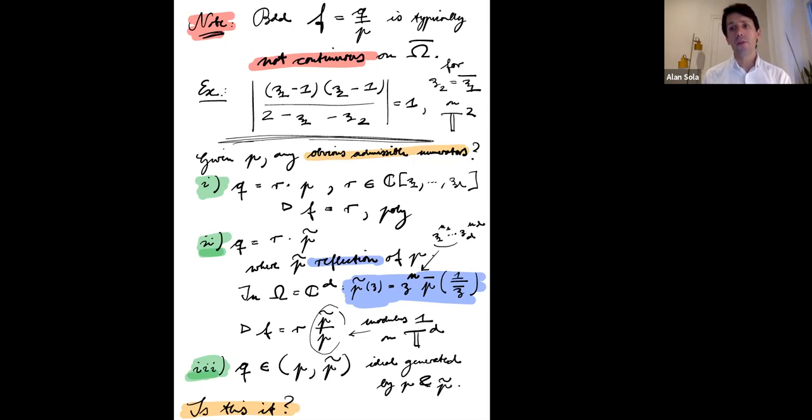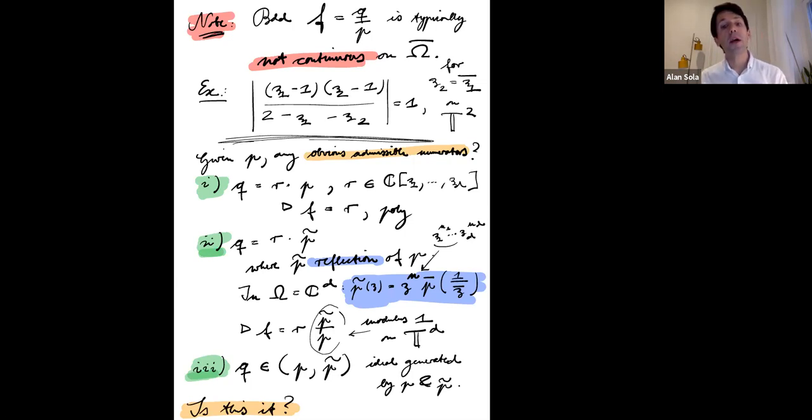So returning to this question of devising numerators for bounded rational functions, let's ask ourselves if there are any obvious choices that we can make here. Well, the most obvious choice of them all is to just say that I'm going to pick Q as some polynomial multiple of P. Then the function I get is just that polynomial multiple, and so clearly this is a bounded function on a polydisk.